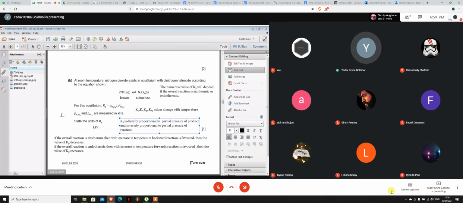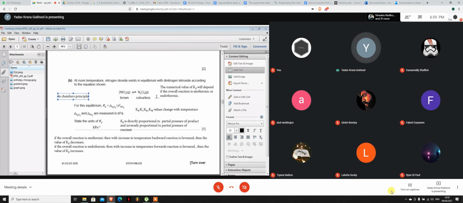So here, if you have the knowledge of Le Chatelier's principle and what I've just told you, you will get the answers for the last part. No need to look at the graph. Those who have worked out the question will understand what I'm talking about.